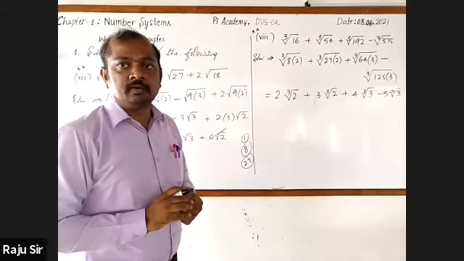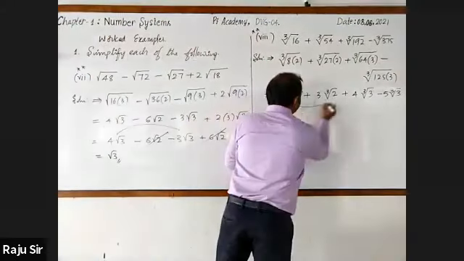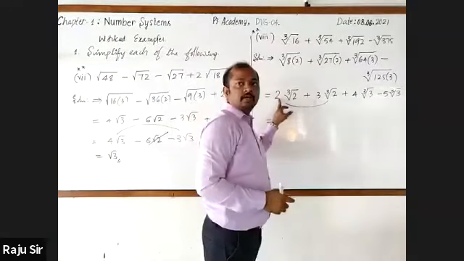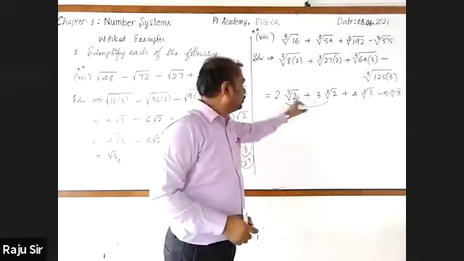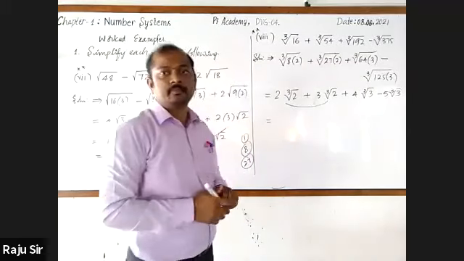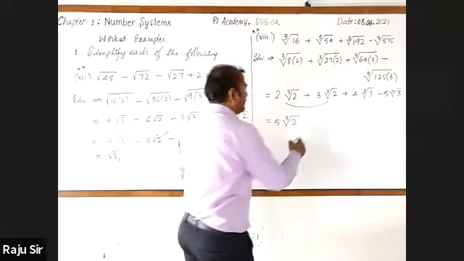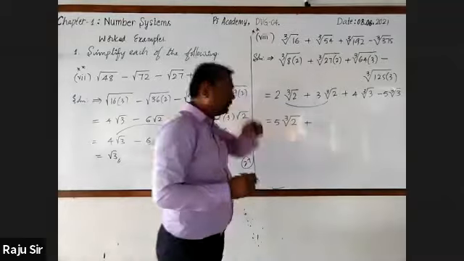Group the like terms. First two are like terms: cube root 2, cube root 2. Observe the coefficients, 2 and 3 are there. Add them, 2 plus 3, 5 cube root of 2. Minus cube root of 3, cube root of 3, like terms.